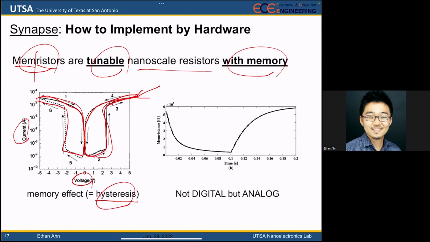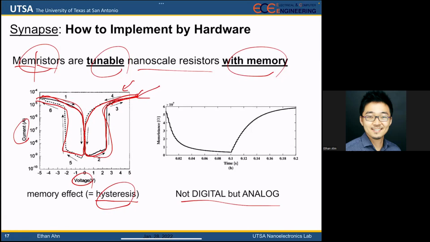Fundamentally, with any new technology, any novel materials or novel devices, if you find a hysteretic effect like the one shown here, that means the device can probably be used as a synapse for neuromorphic computing, because it has a memory effect. And again, the important thing is that it should be not digital but analog.